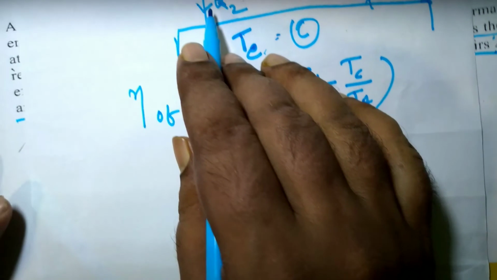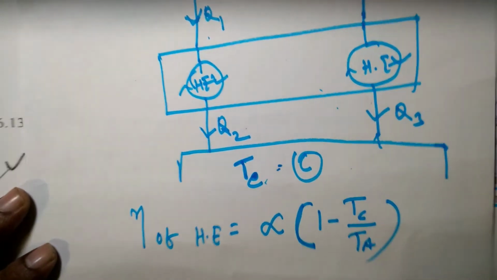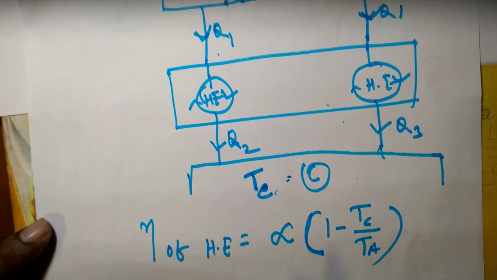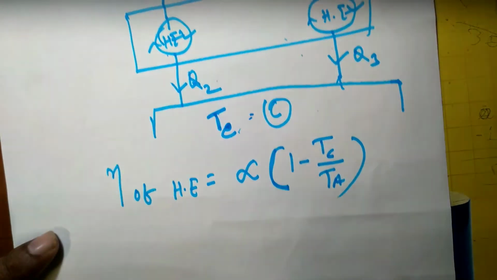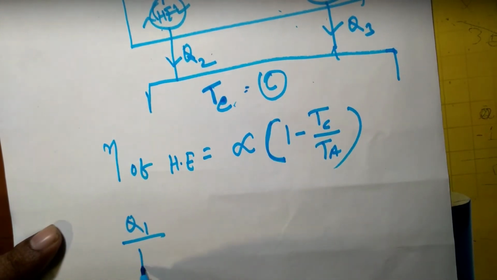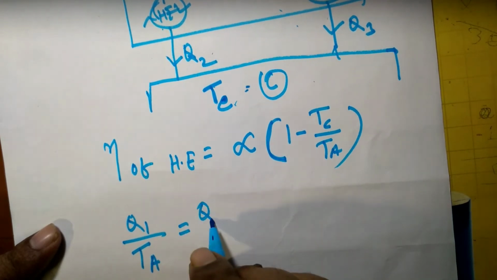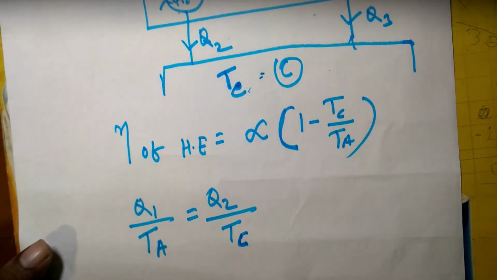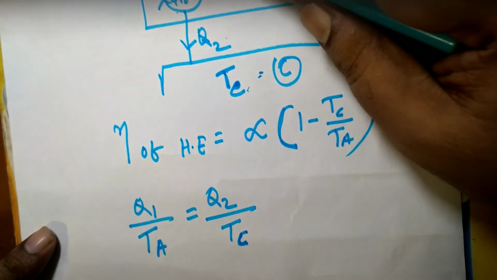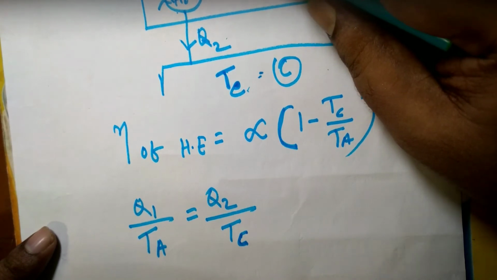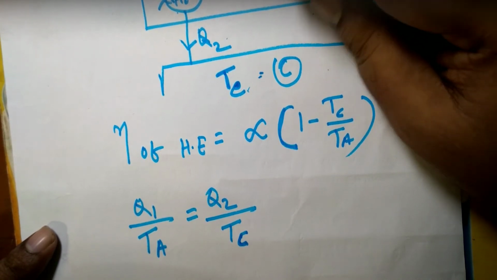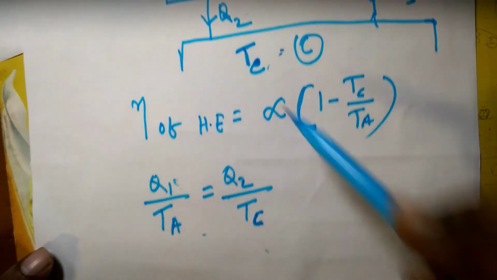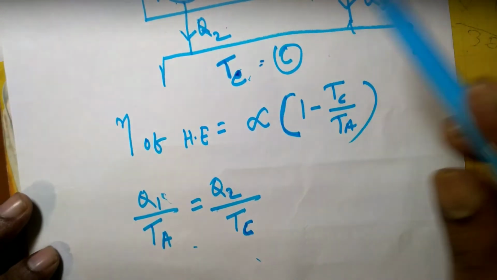What is the efficiency of this heat engine? So for that we are to find out, for this case you see Q1 divided by TA is equal to Q2 divided by TC, because according to the thermodynamic temperature scale, heat coming from this temperature is TA, and TC is the temperature of heat rejection.